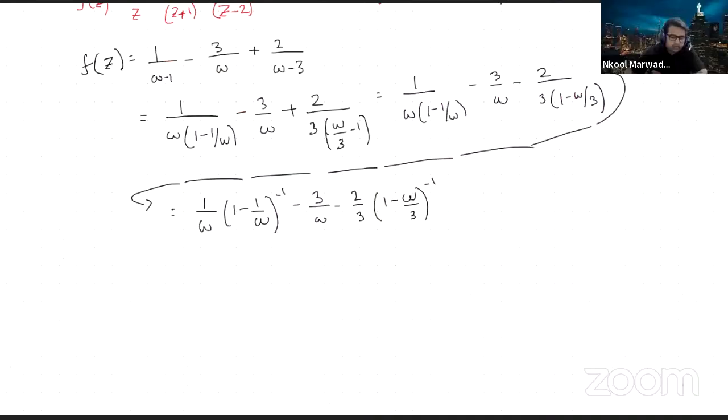Now we can expand it. 1 by omega: here all the terms will be positive in the series. It will become 1 plus 1 by omega plus 1 by omega square and so on.